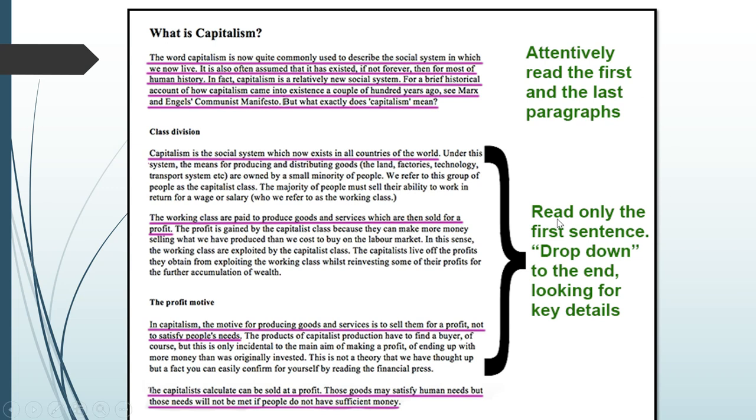Look at this bracket and read only the first sentence, then drop down to the end looking for key details. So your eye moves from the first paragraph, to the last paragraph, and in between just the initial lines of the supporting paragraphs.